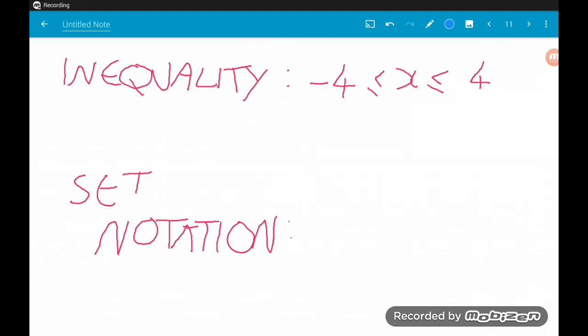Next up we have x is greater than or equal to -4 but less than or equal to +4.